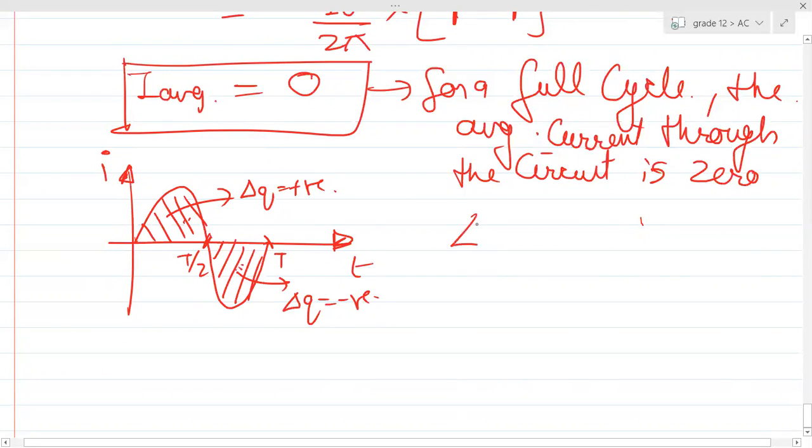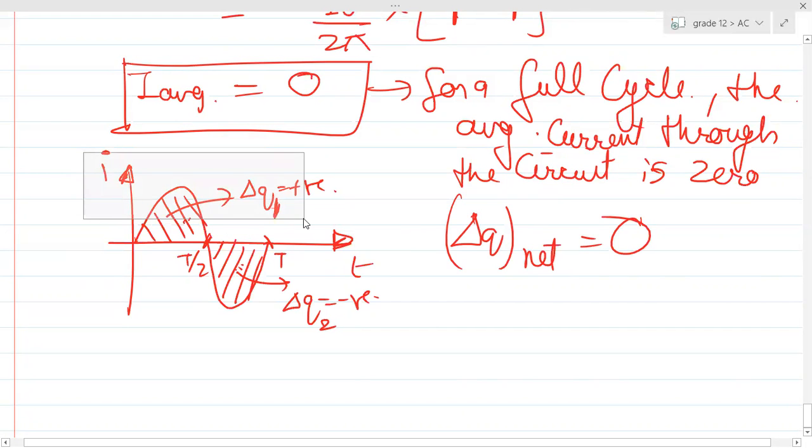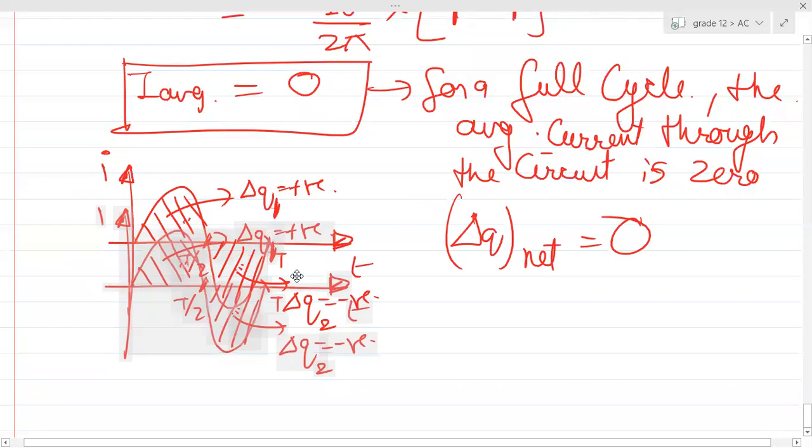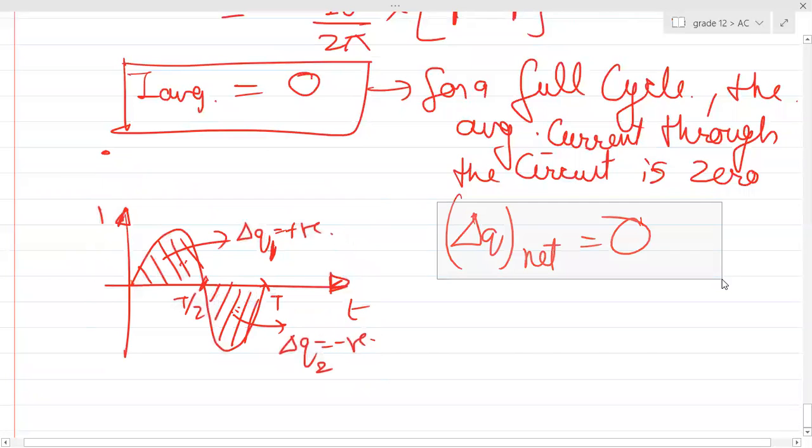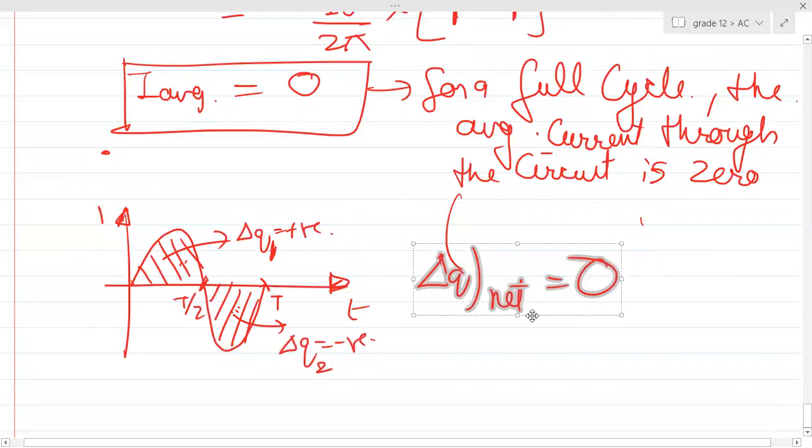So what is the total charge flown through the circuit? Is zero, because this thing, let's say delta Q1 and delta Q2, they both are equal and opposite. They'll cancel out each other. Yes or no? So this thing is pretty much valid, right? So since delta Q is zero, automatically current will become zero. Is this clear, everyone?